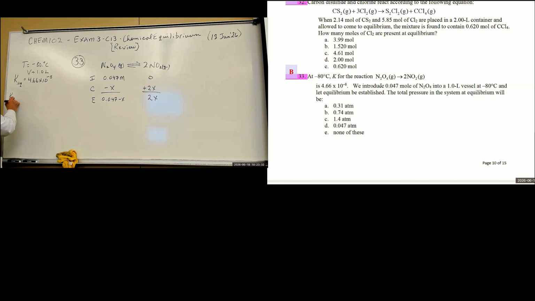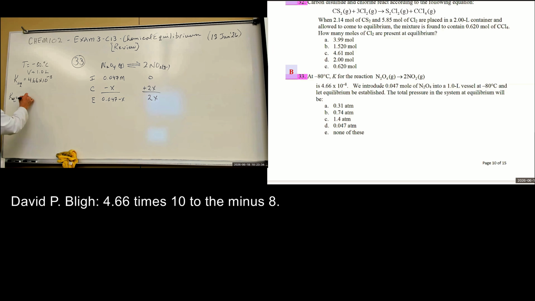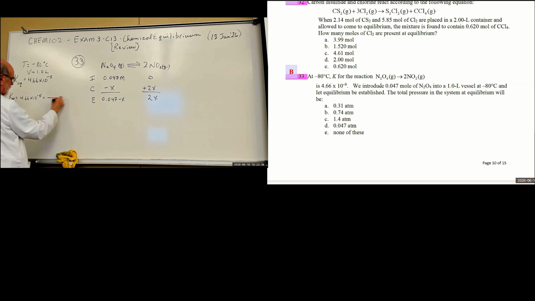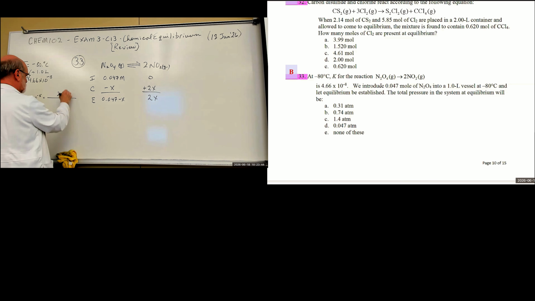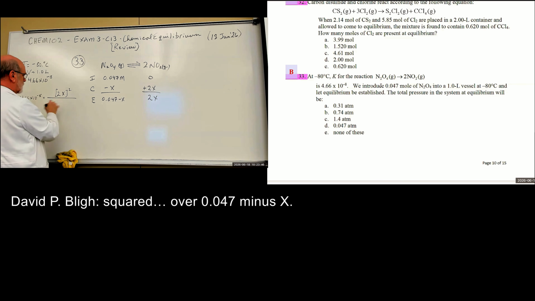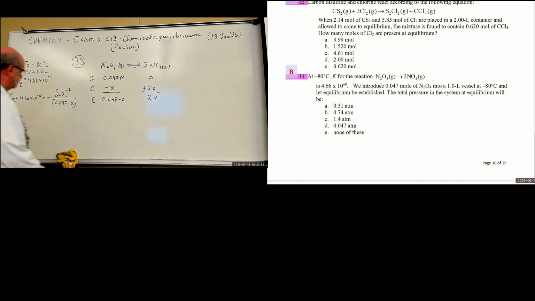So this is going to be 4.66 times 10 to the minus 8 equals 2x squared over 0.047 minus x.